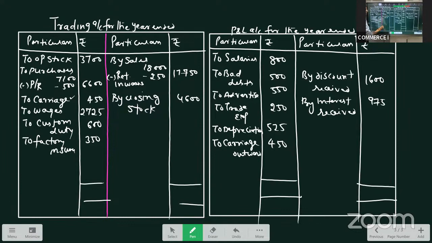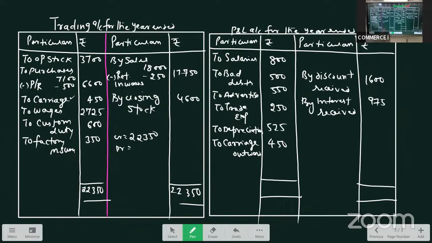Let us see the total here. Credit side total is 22,350. Okay, trading account, credit side total is 22,350.